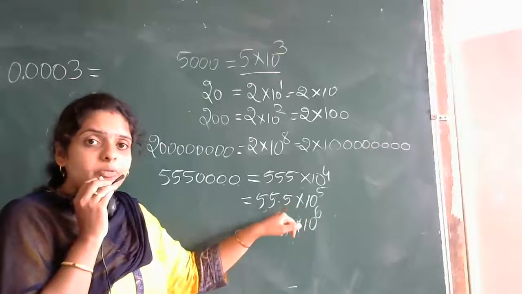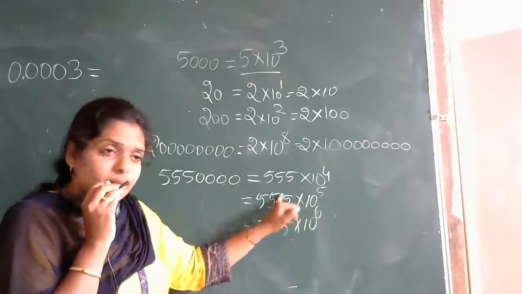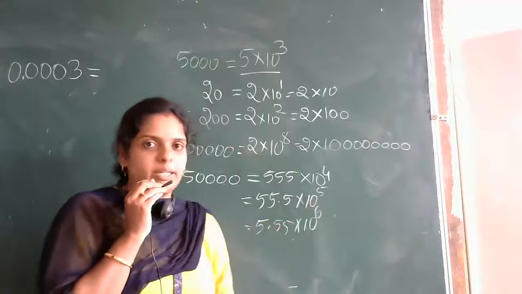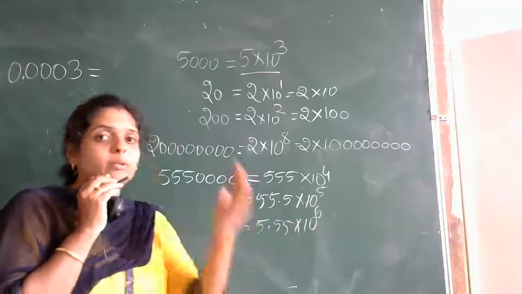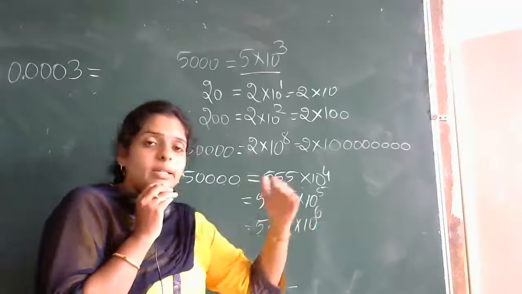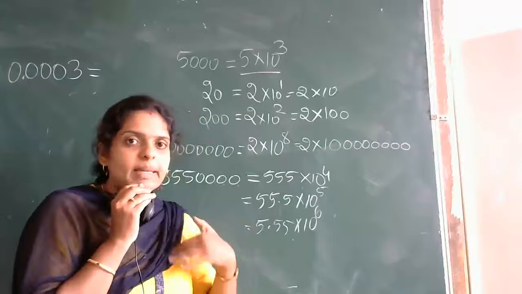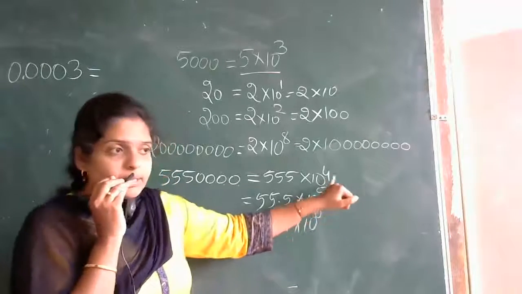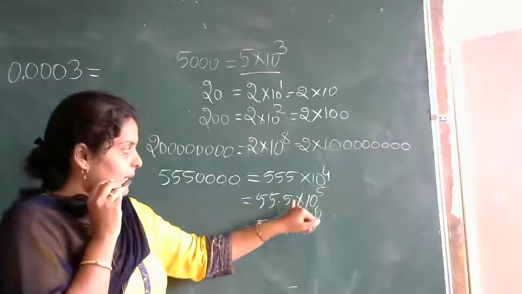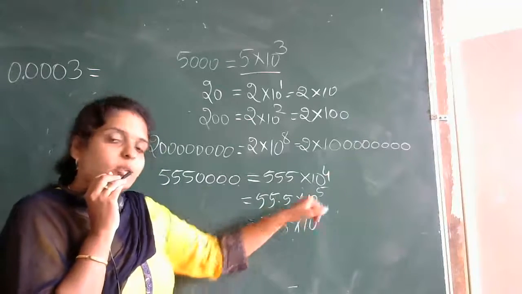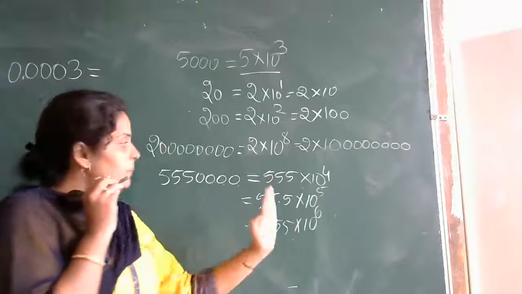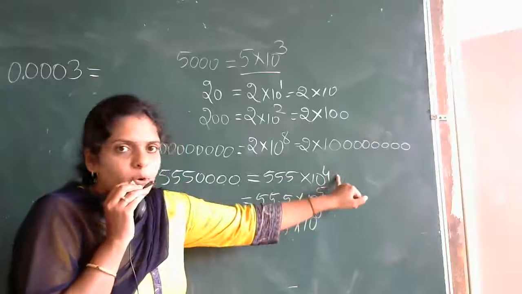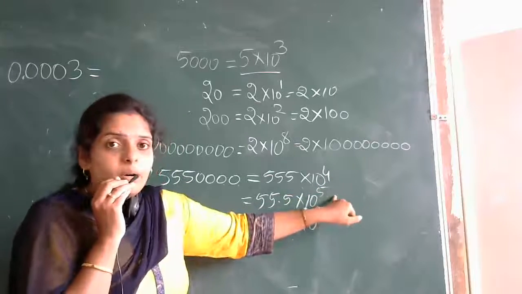When I write it as 55.5, whatever decimal you are shifting to the left, in the power it will be plus 1. So therefore here it becomes 10 to the power 5; earlier it was 10 to the power 4. What I have done now is shift the decimal. Whatever you shift to the left side, you do plus 1 to the 10 to the power. So 10 to the power 4 was there, and next you get 10 to the power 5.